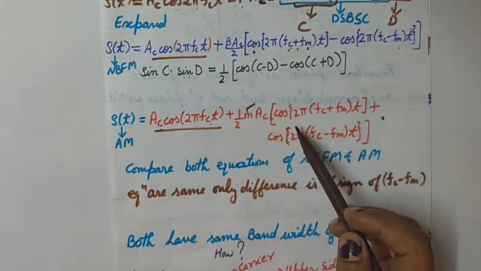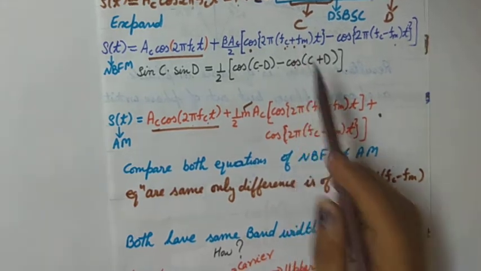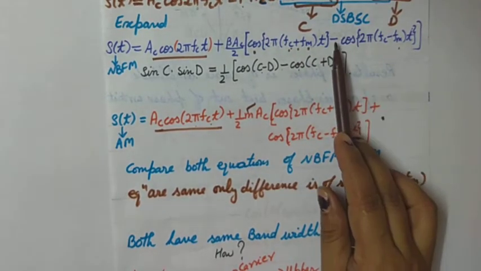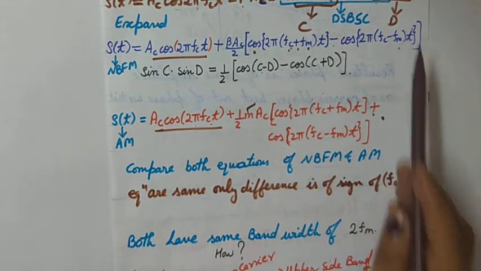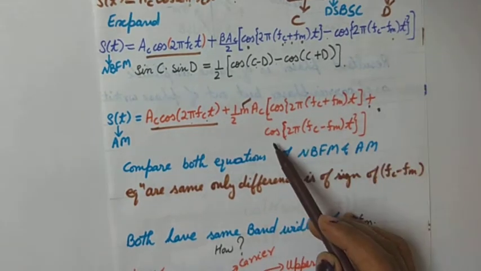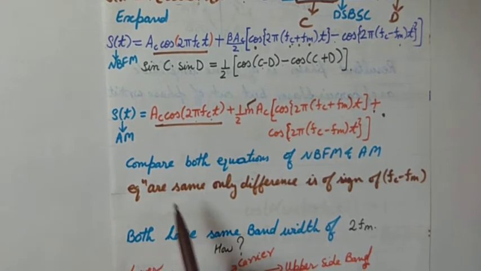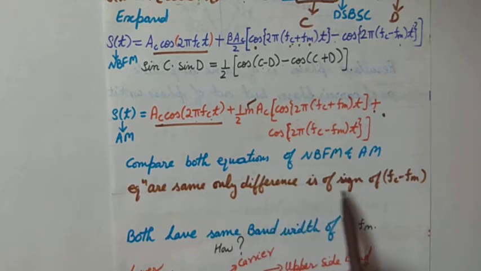And inside the bracket, it is cos 2 pi T FC plus FM, both having the same higher frequency FC plus FM. The only difference is that here we have a minus sign and here we have a plus sign for the FC minus FM term, again the same, cos into 2 pi T common FC minus FM. So comparing both the equations, they are the same. The only difference is the sign for the FC minus FM term.